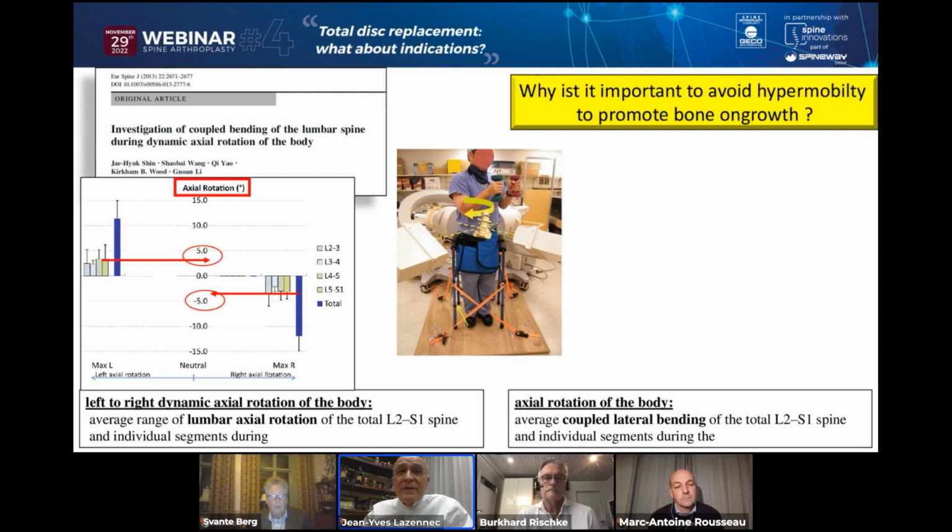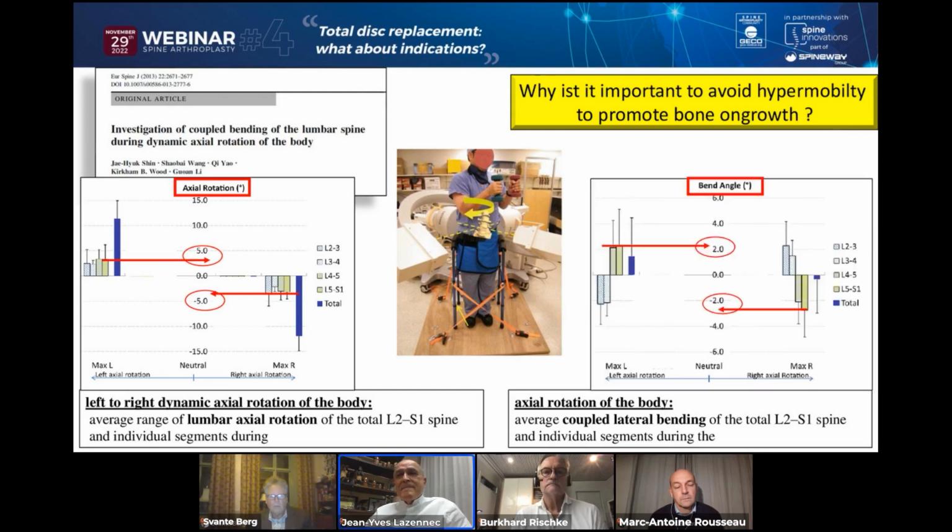It is not for a long time, but it is, as I told you, for the first 4 weeks or 6 weeks. Now, if I do bending, it is interesting also. At L4L5 and L5S1, you also have bending angulation. You see 2 degrees.